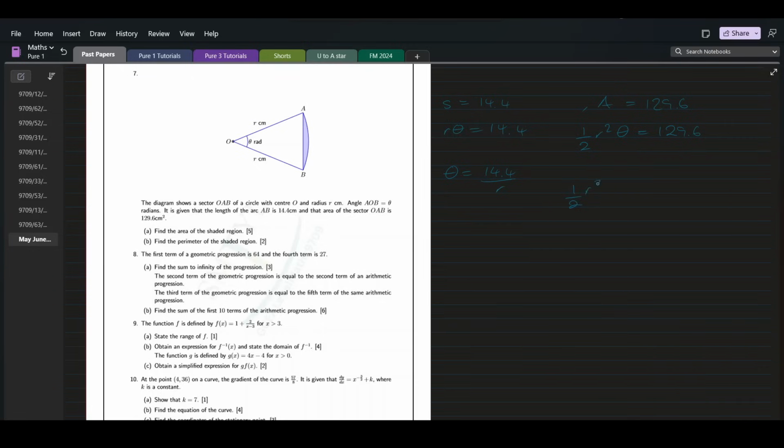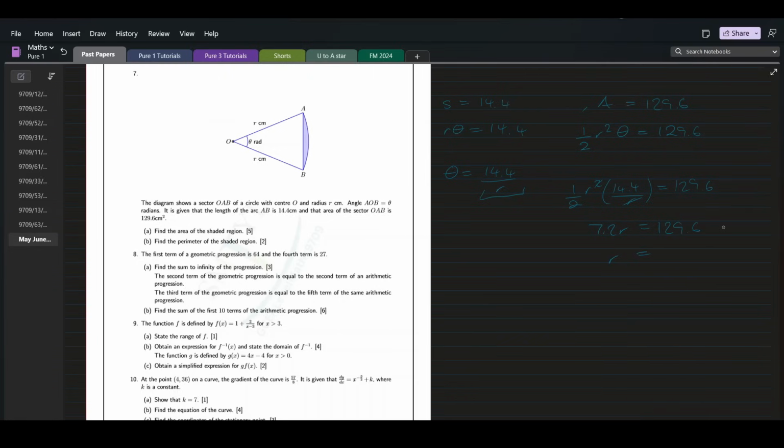So half r squared multiplied by theta, which we said is 14.4 over r, is equal to 129.6. So this r will cancel with the squared. And so we've got half times 14.4, that gives us 7.2. So this is 7.2 r is equal to 129.6.